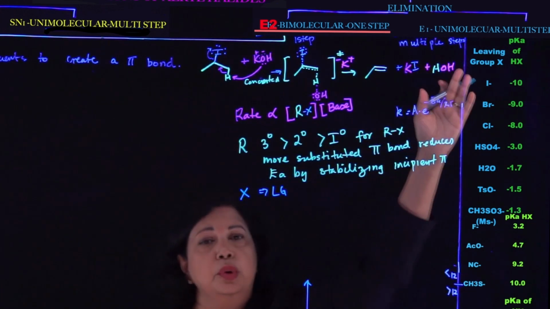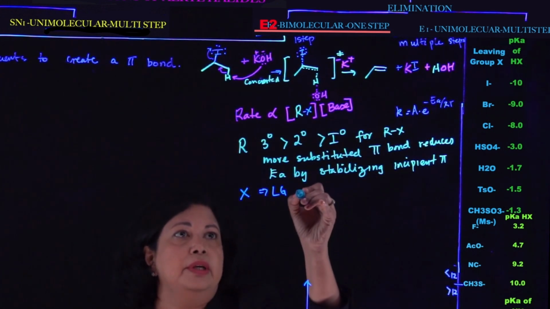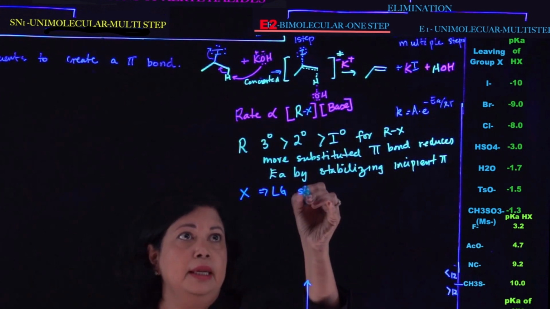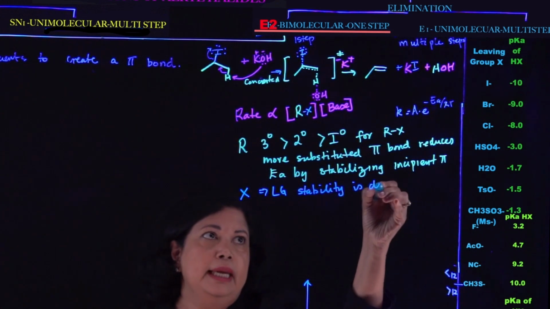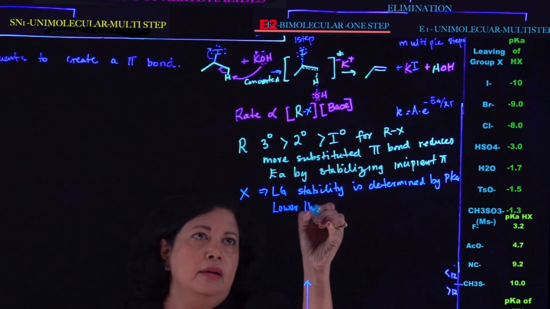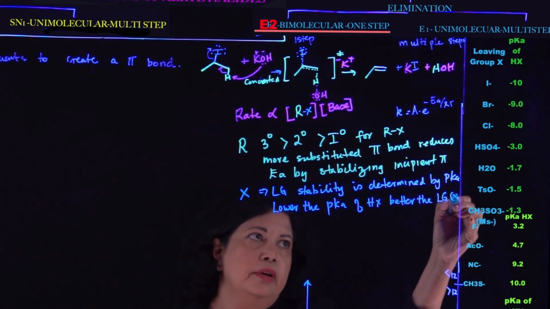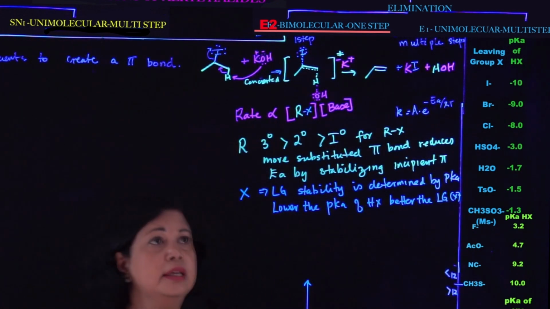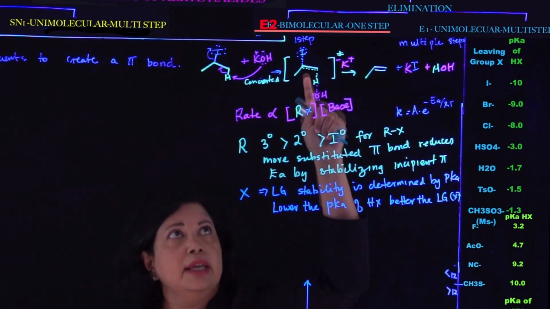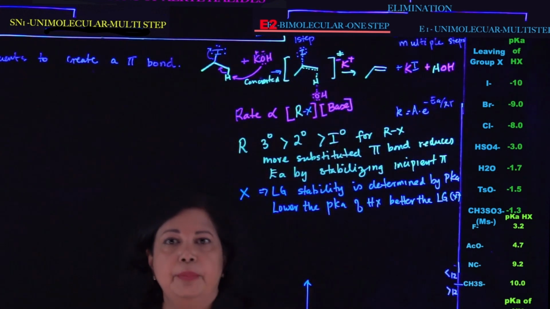And there are lots of OTs and other leaving groups that are also really good. Leaving group stability is determined by pKa. Lower the pKa of the HX, better the leaving group. In this case, we are calling that the X. So that's really important. Of the three things, alkyl group, iodide, and then the base.